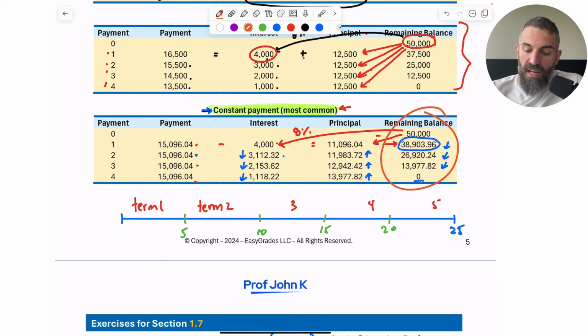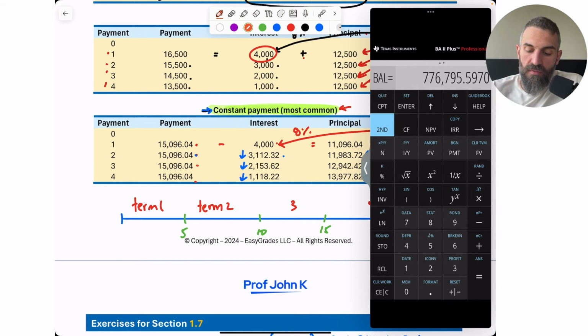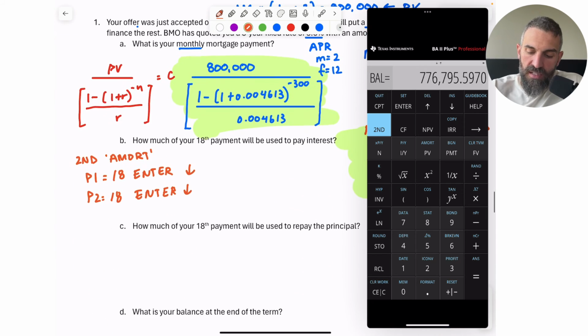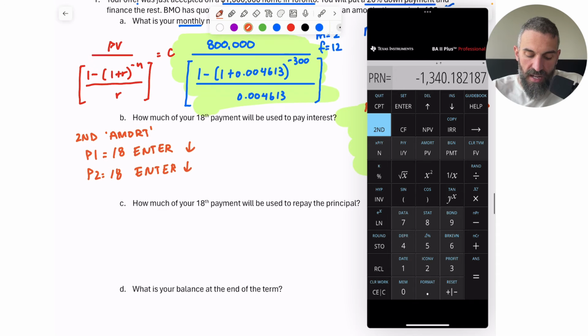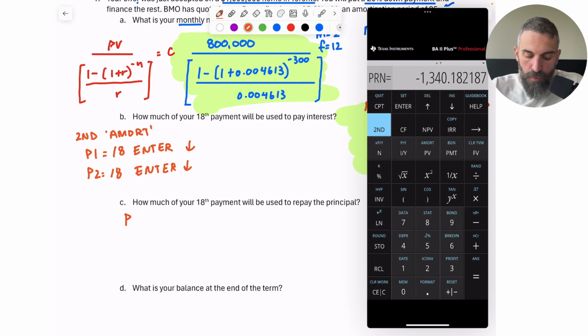So we know that after 18 payments, you still owe 776. Anyways, I wasn't interested in that, so I'll go down one more. This is the principal portion. That's actually answer C. Your principal portion of the 18th payment is $1,340.18.